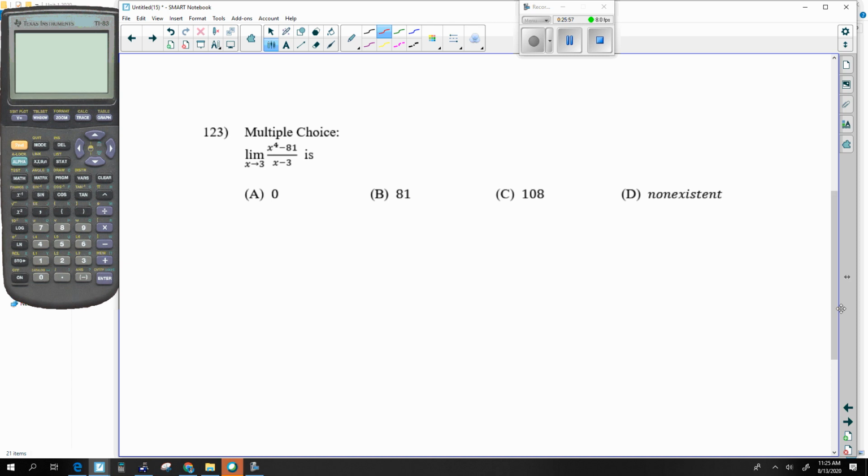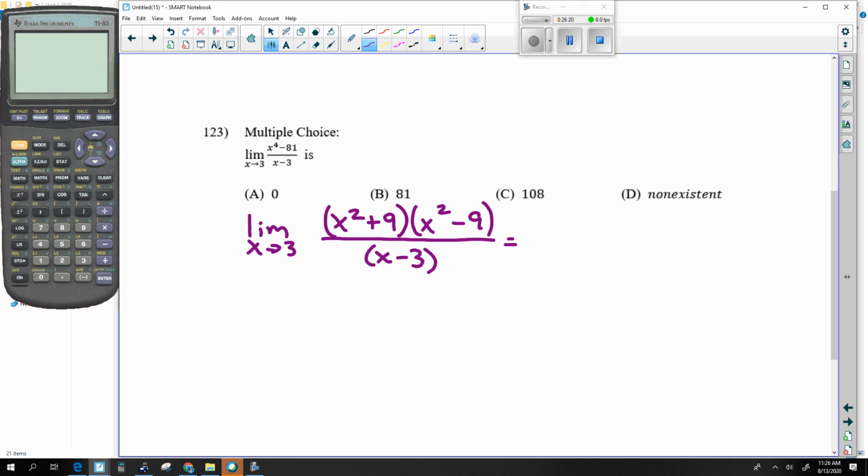Okay, here I cannot put in x is equal to 3 because it creates a bottom 0. So limit as x goes to 3. This is a square, so this is x squared plus 9 minus 9. Getting closer.